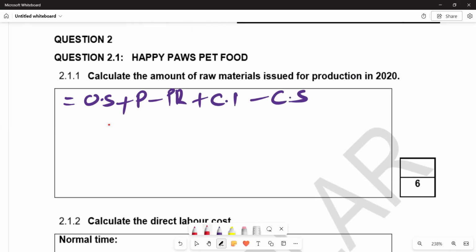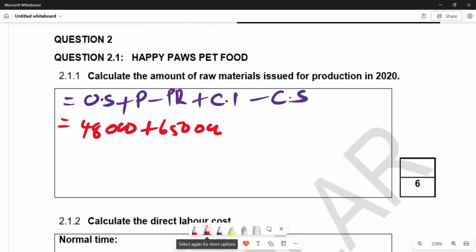So basically, we are saying now we are substituting the figures that we got. The first figure that we are supposed to have there is 48,000, representing our opening stock. And then we add our purchases, which is 650,000. We subtract purchase returns, which is 35,000. We add carriage inwards, which we are given as 12,300.